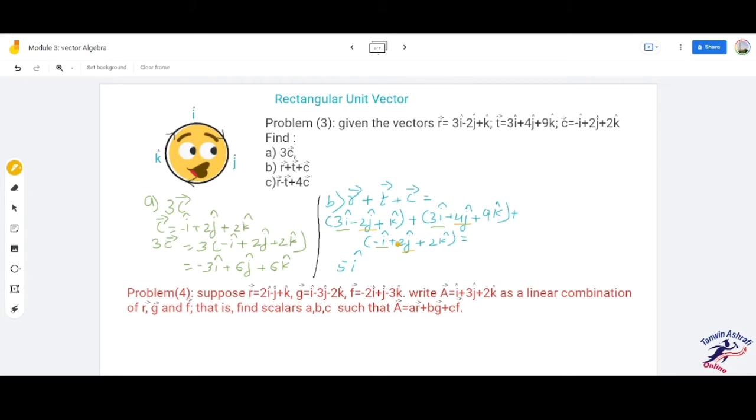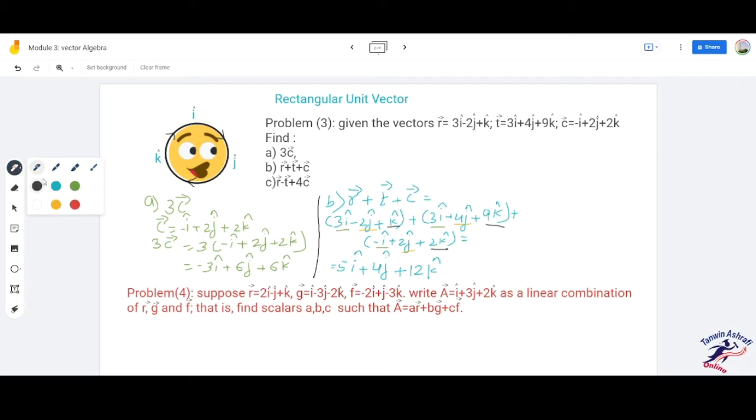Since minus and plus lead us to 0, only 4j remains. We will add 4j after the addition. Then for the k cap, 9k cap plus 2k cap, that means we will have 12k cap. This will be the result of the addition of 3 vectors.